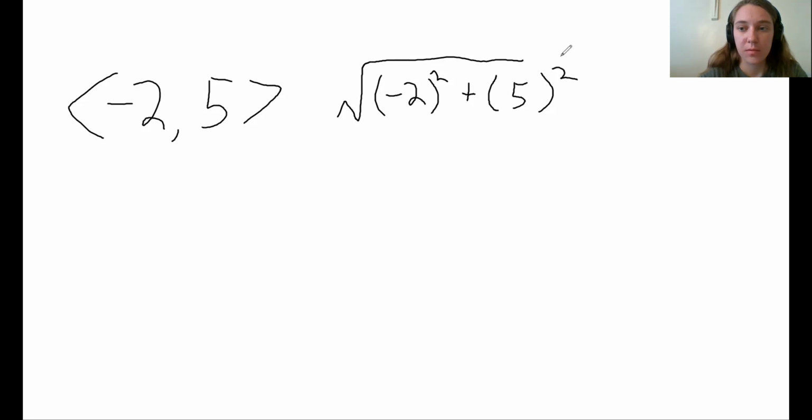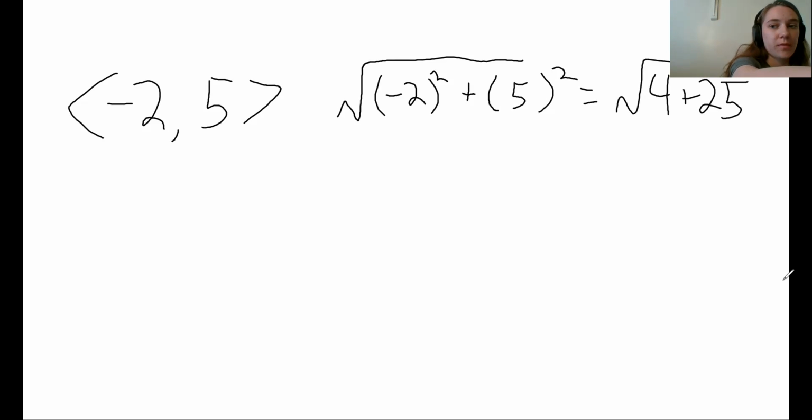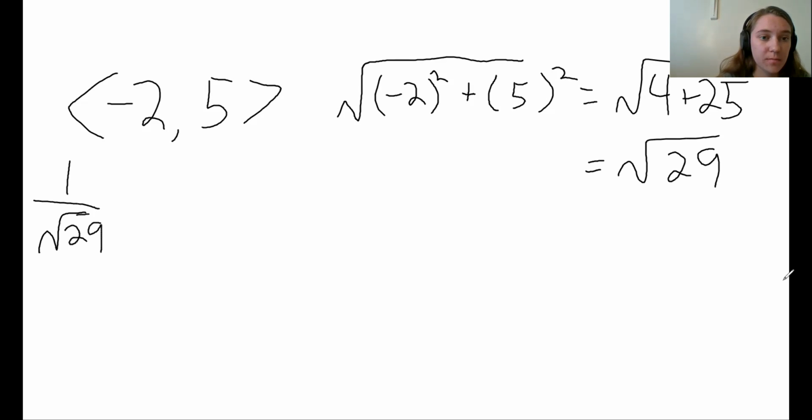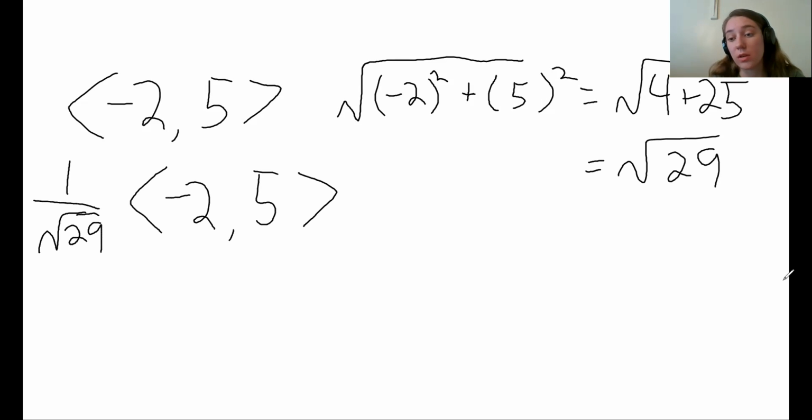That's going to be equal to the square root of 4 plus 25. So the square root of 29 is the magnitude. So if we multiply the vector -2, 5 by 1 over square root of 29, we'll get our unit vector.